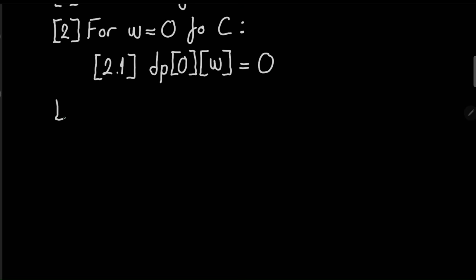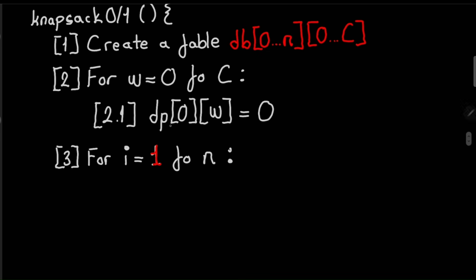Then I am creating another loop. In this loop, I will walk through each item. I am saying for i from 1 to n. Why did we say 1? Because as you remember, the position 0 represents the initiation step, and we have already filled it here.